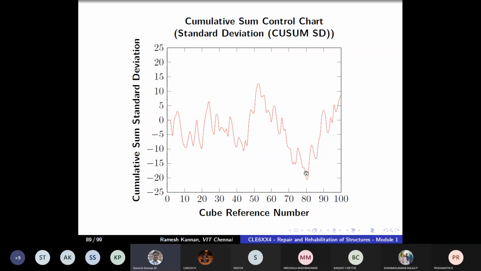See, this is the negative side variation and this is the positive side variation, and out of this we get the QSUM standard deviation, we only get to a point of discussion, not the actual solution. So what makes you choose a particular sample or group of samples is a technique called V mask technique.